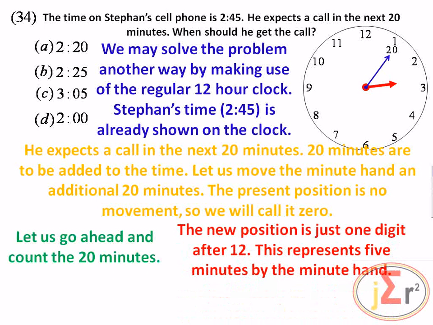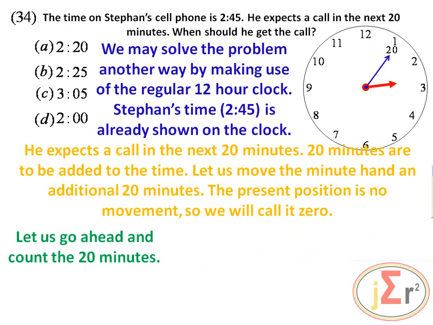The new position is just 1 digit after 12. And we know that for a minute hand, 1 digit is represented by 5 minutes. So 1 digit means 5 minutes if we are counting by the minute hand.